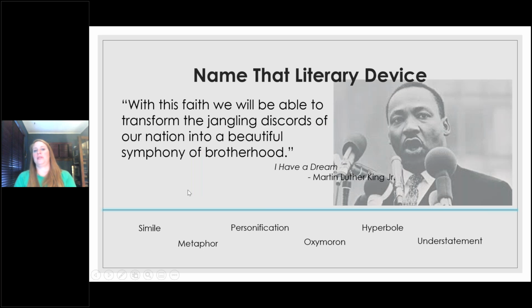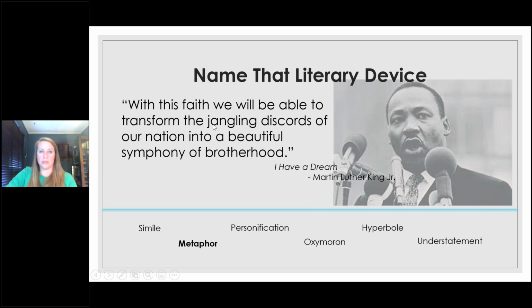Okay, this one is a little bit tough. We've got an excerpt from the I Have a Dream speech by Martin Luther King Jr. And he said, with this faith, we will be able to transform the jangling discords of our nation into a beautiful symphony of brotherhood. Any ideas? So in this one, we're comparing two things where we're not using like or as, so we've got a metaphor.